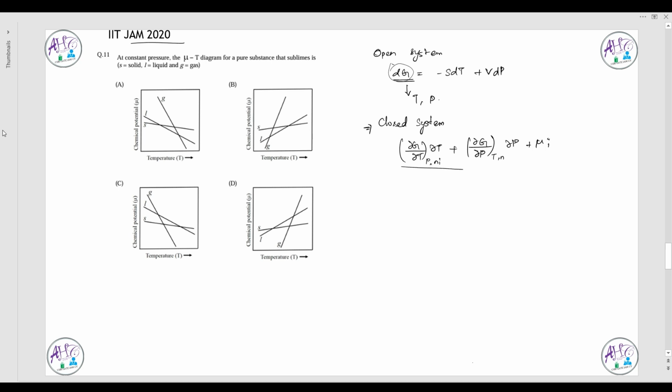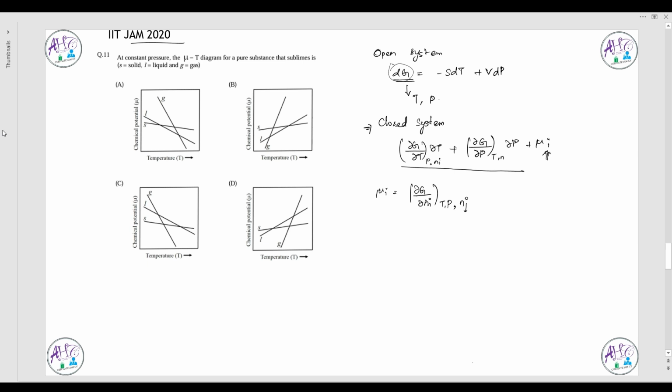If you consider only the first two terms, then this is for your open system, and when the chemical potential is introduced, that is for your closed system. We can also write mu_i as ∂G/∂N_i at constant temperature, pressure and the other moles, so the other moles will be constant.